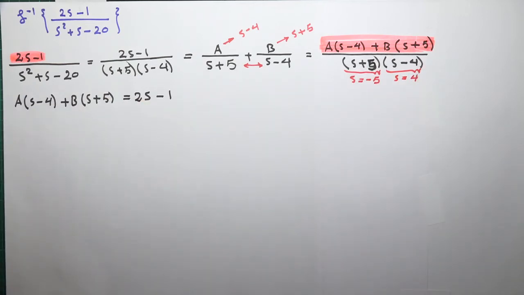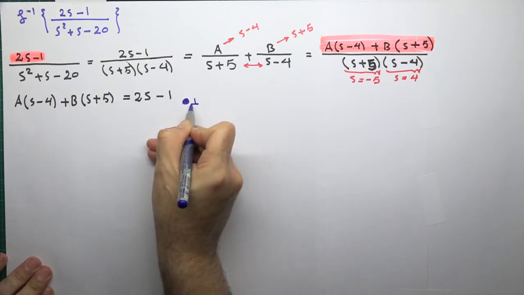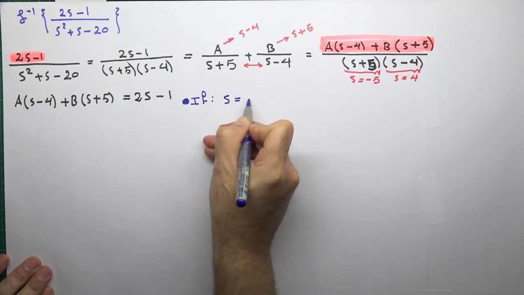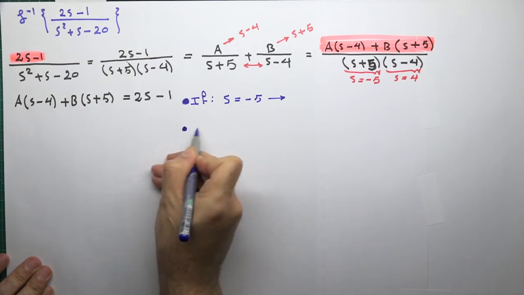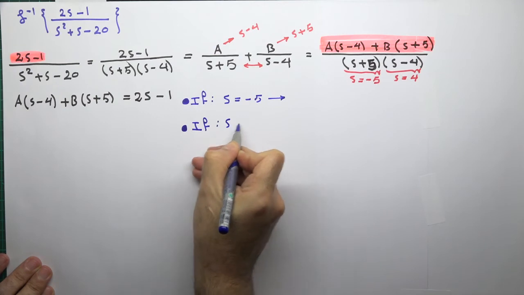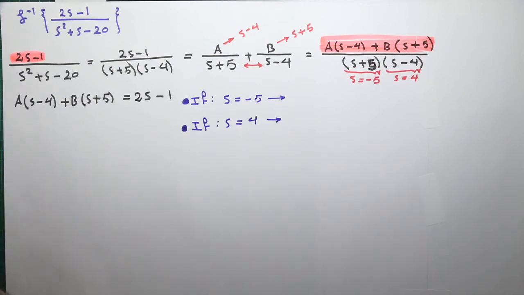So here if s equals minus 5, we will have something here, and here if s equals 4, we will have something here.